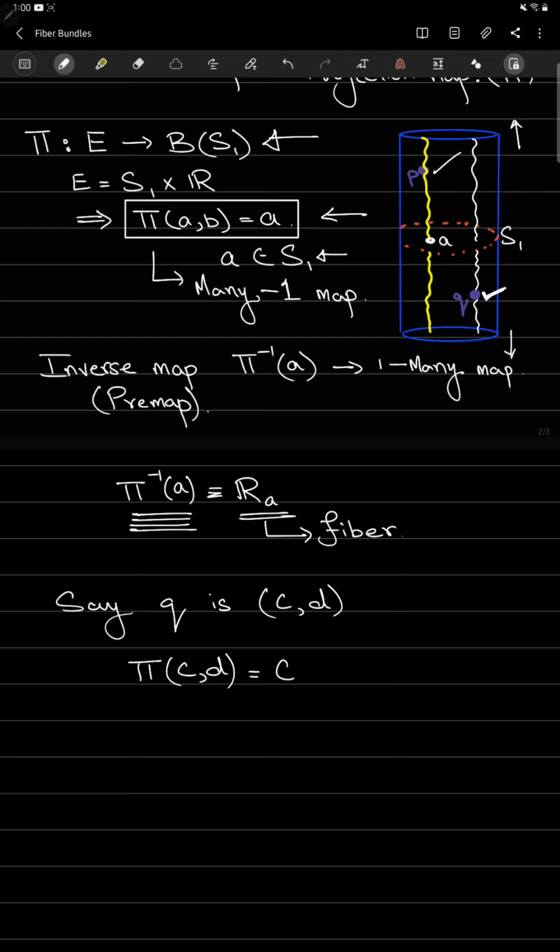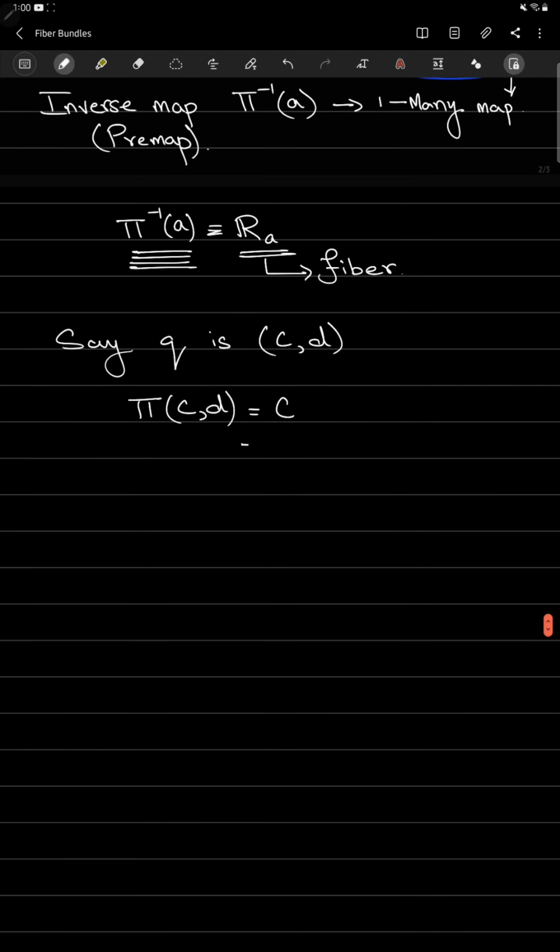So it takes E and maps it to the base space for our case, which is S1. So immediately you can see that the inverse map or pre-map of this C would be the real line at point C. So this real line at point C is your fiber at point C, and this was the fiber at A.